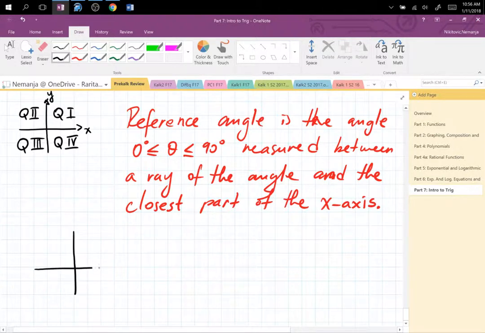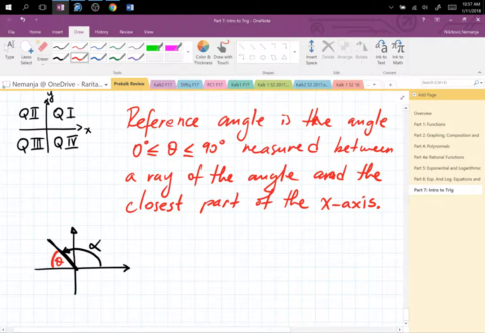So say you have an angle here. This is your angle alpha that you are given. The reference angle would be this one, so this would be your theta.